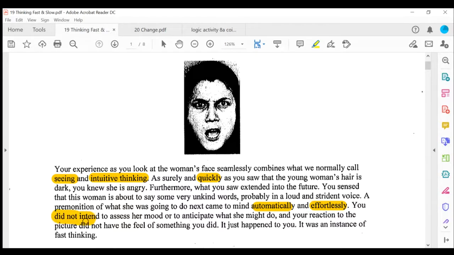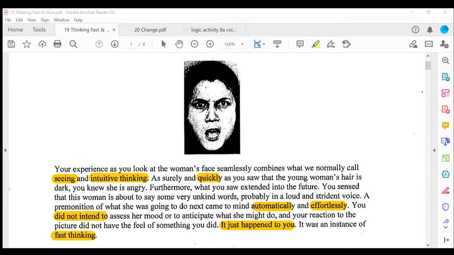"You didn't intend to assess her mood or to anticipate what she might do. Your reaction to this picture did not have the feel of something you did. It just happened to you. This was an instance of fast thinking." Fast thinking is the key bit behind all of this. I'm going to be switching back and forth a lot today between some notes and this article, because I think it's important to take a look at.